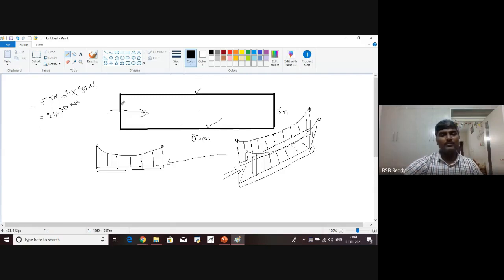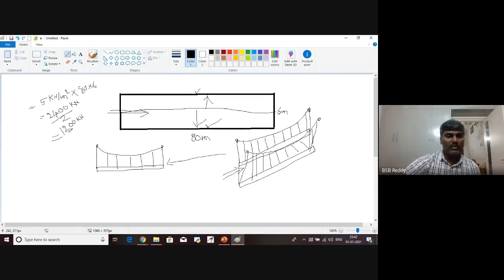You need load to be shared to one girder, means half of the load will be shared to one girder and the other half to the other girder. So this is total load, so make it into half. How much is it? 1200 kilonewton. This is for two girders, and this is for one girder.